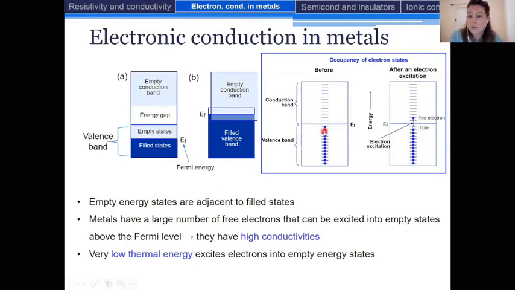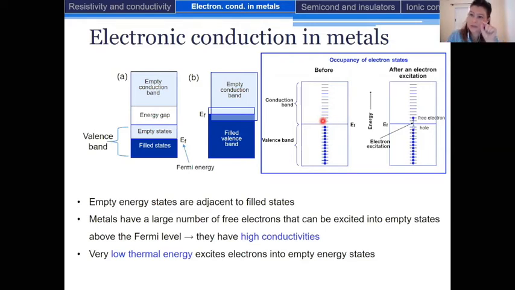And so what will make some of these electrons in a filled state be excited into an empty state? In fact, very low thermal energy will be enough to excite electrons, and when they are excited, which means they gain energy, they will be able to move to an empty energy state.